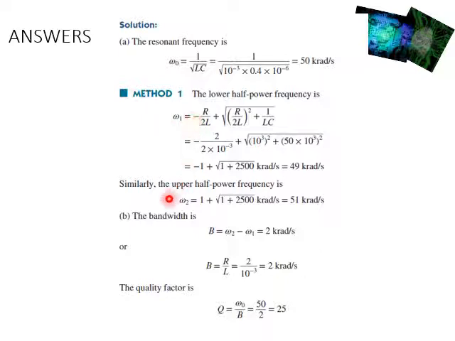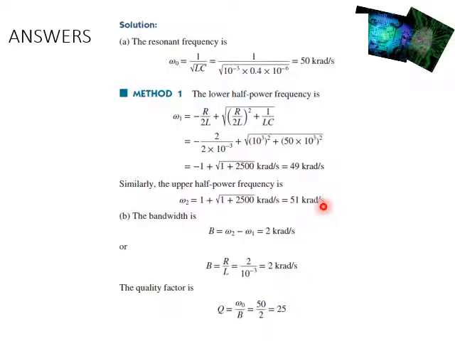Using the same formula, but this value becomes positive, we calculate omega 2. So we have 51 kiloradian per second. So omega 1 is 49 and omega 2 is 51 kiloradian per second.